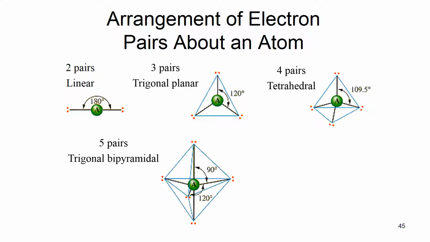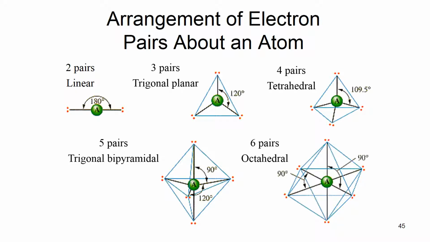And then finally, if you have six pairs, you have the octahedral, which is a little bit of a misnomer. If you counted the sides, there's eight sides, but there's actually only six points, or six electron pairs. And the bond angles there are 90 degrees.